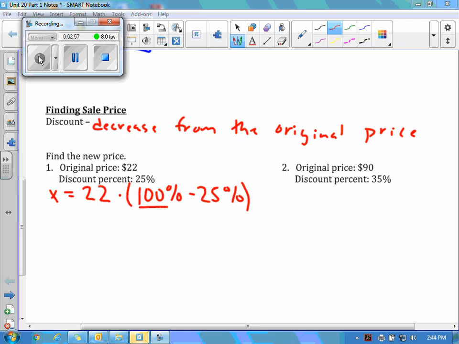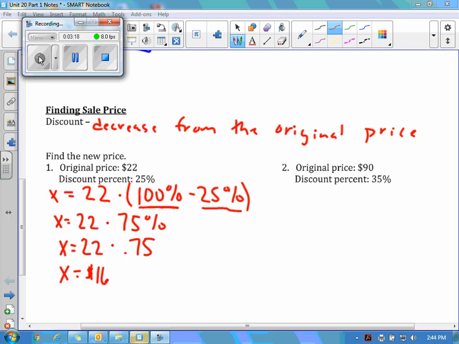Again, this 100% is my original $22. 25% is how much I'm subtracting off of that. So I'll have 22 times 75%. And then to multiply that, I need to turn 75% into decimal, which is 0.75. So 22 times 0.75 is going to give me $16.50.